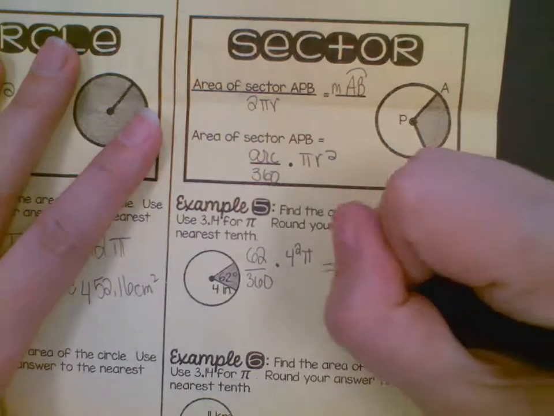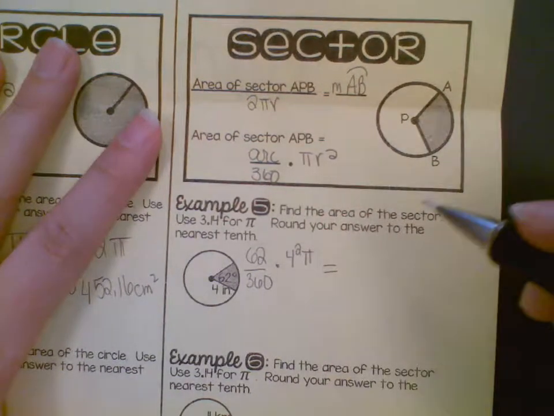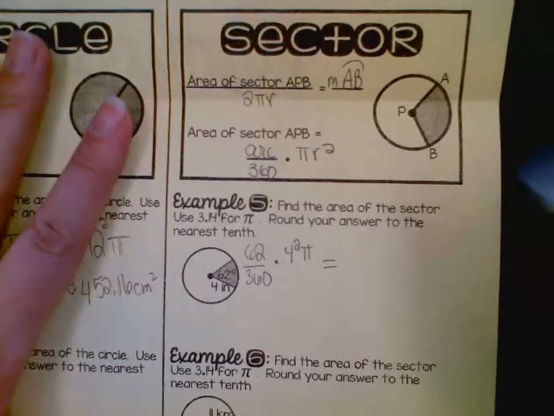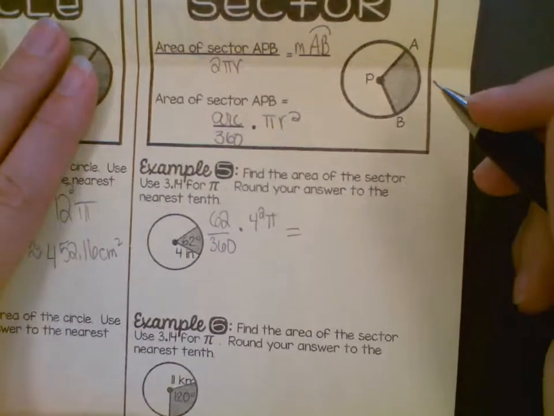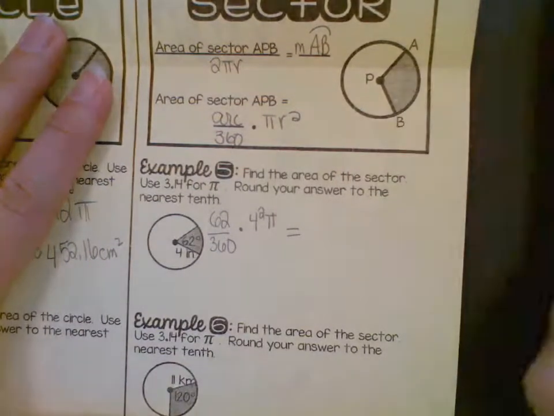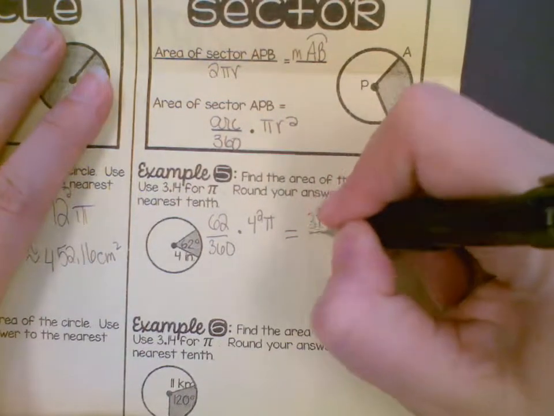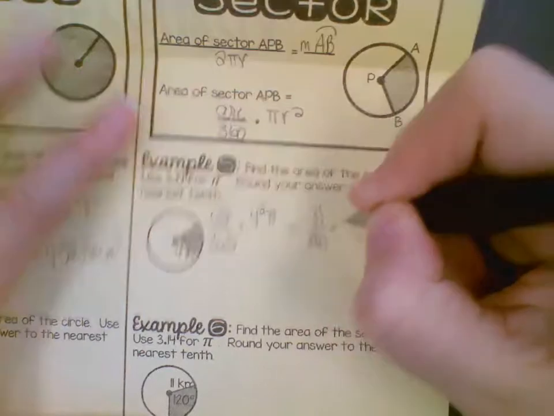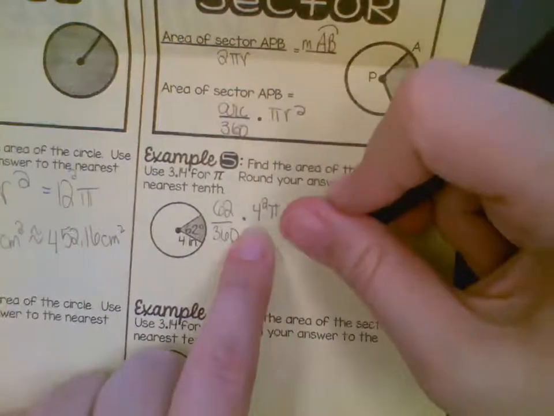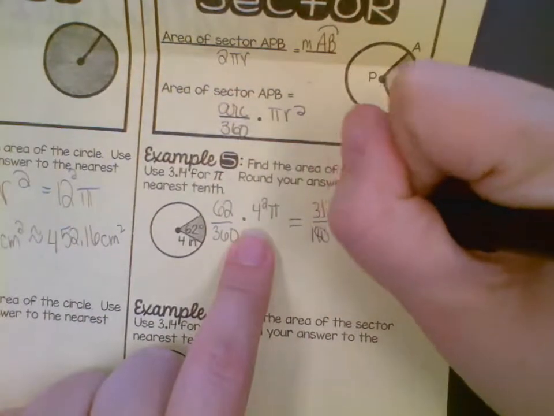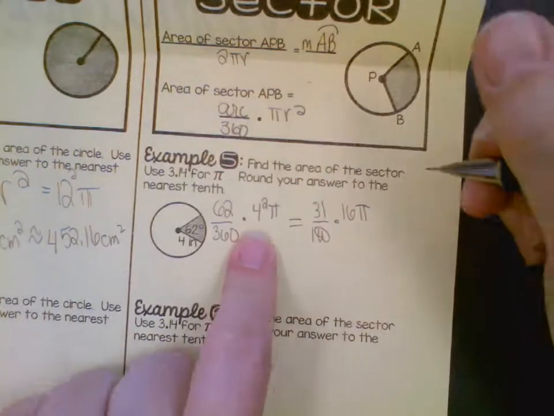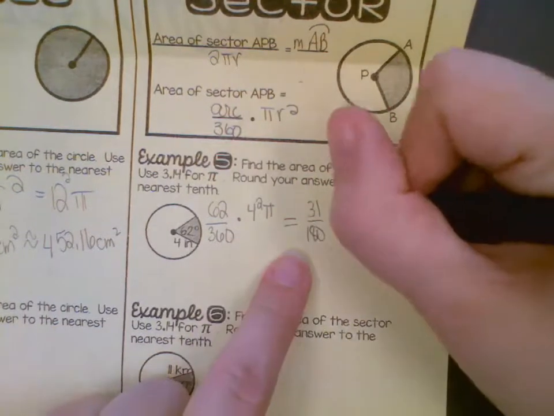So I like to reduce my fraction and go that way. I know it says to plug in 3.14, but we're going to keep it in terms of pi first. So 60 over 360 can be divided by 2. So we would end up with 31 over 180. 4 squared is 16. I know that I can reduce those two.